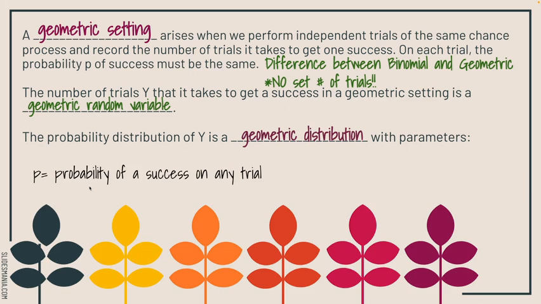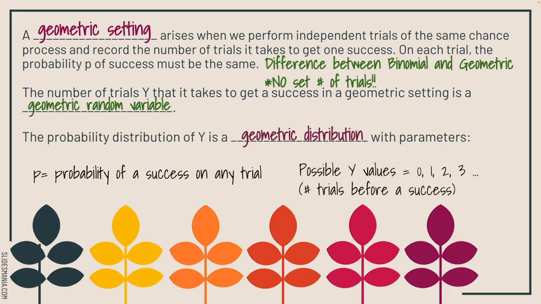So that's all we're going to be asked for when we go to geometric distribution. So our possible y values would be whole numbers, starting with 1, 2, 3. So this is the number of trials until a success.